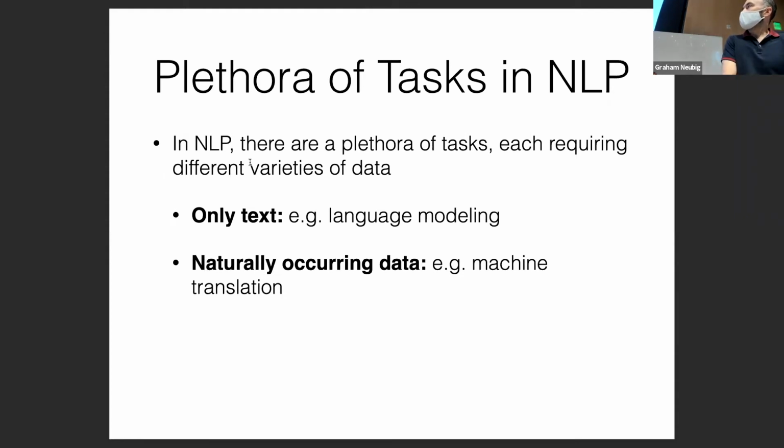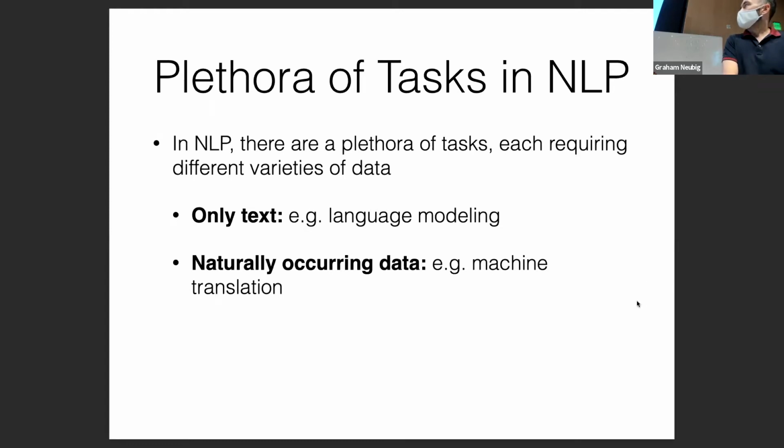Other tasks require naturally occurring data. And these naturally occurring data are data that we as NLP researchers do not need to go out of our way to create. So for tasks like machine translation, very often there is data that other people will be creating for other reasons. And this is good because often we can get much more of this data than the data that we as NLP researchers have to go out of our way to create, right?